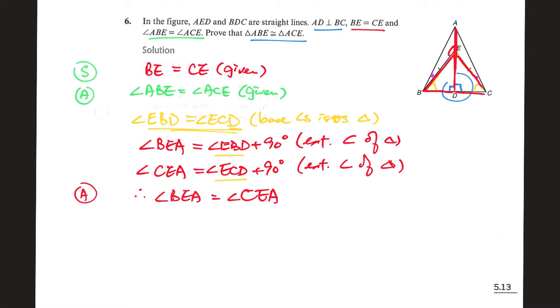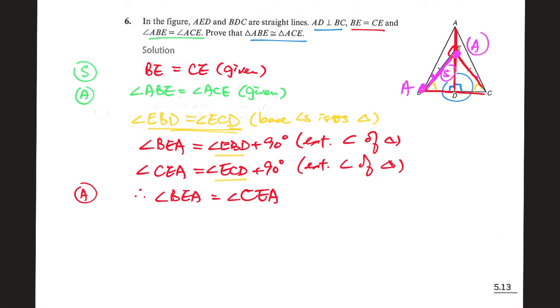Finally, we take a look at whether it's AAS or ASA here, though I told you the result already. So we should have at first BE here, which is an S. We have angle ABE here, which is an A. And now we have angle BEA, which is an A here.